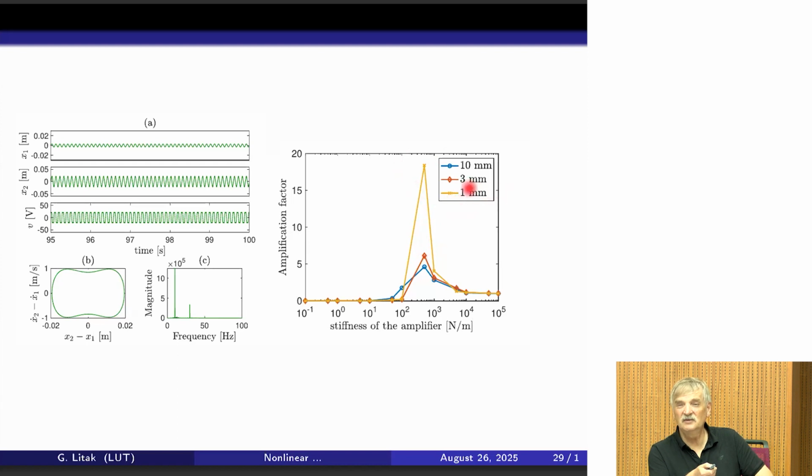This is the excitation, for a small level of excitation, and maybe this is the amplification. It's a little bit improved. It is improving even the smaller oscillation level. So it could be useful even for small oscillations.